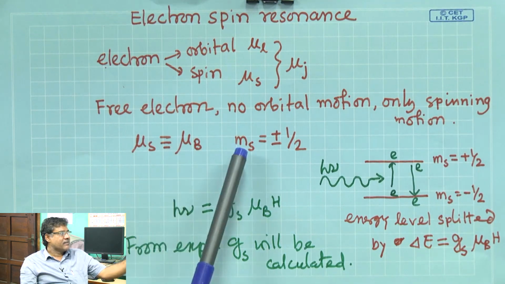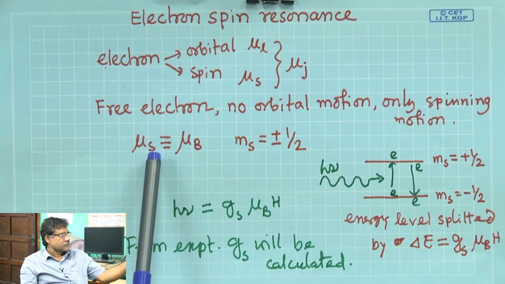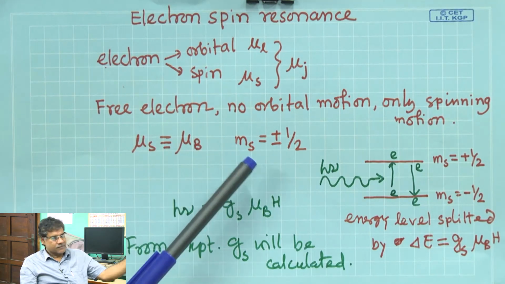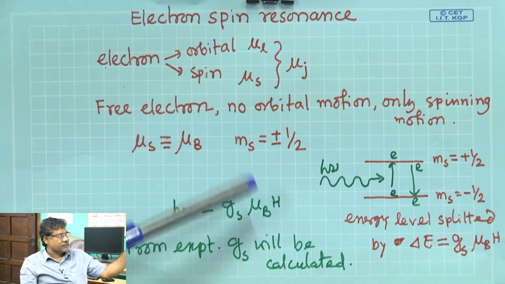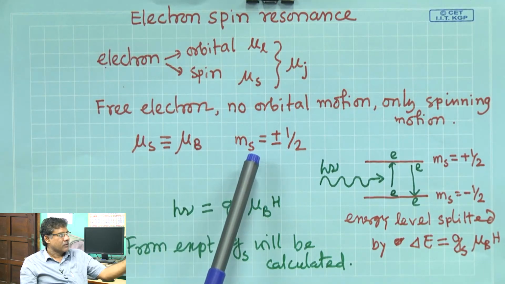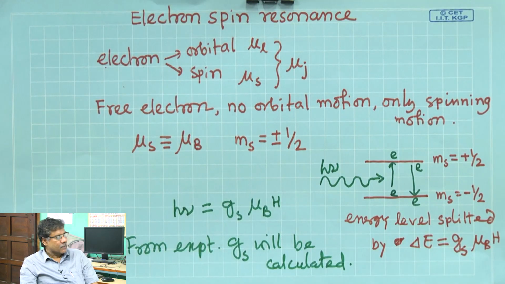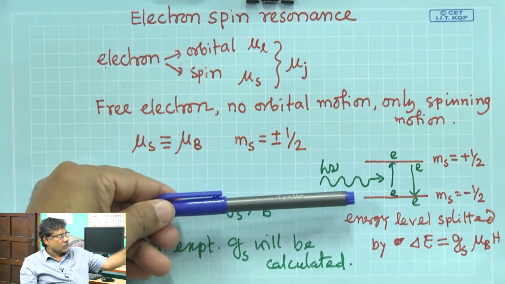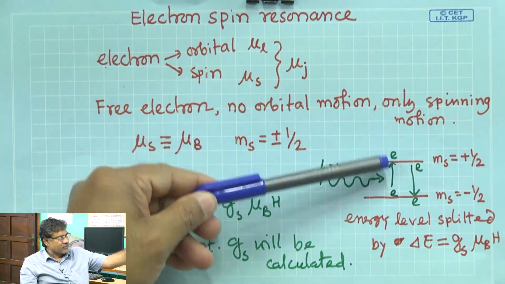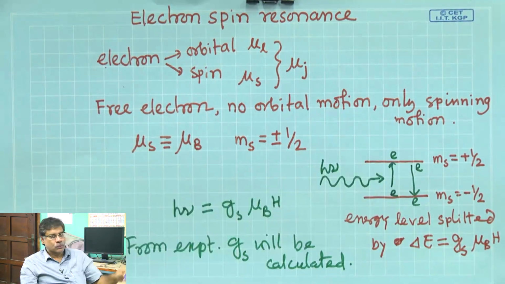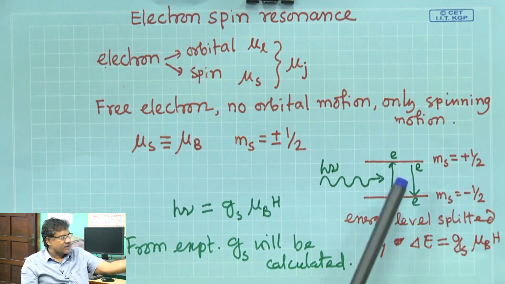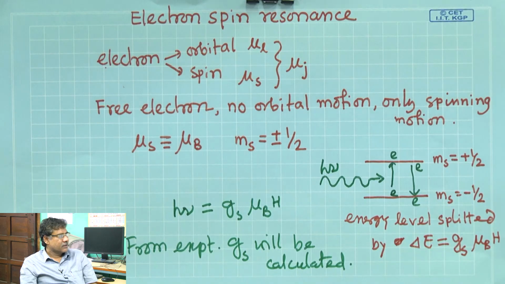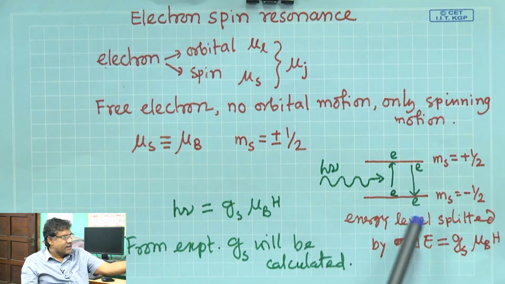In a magnetic field, the energy levels are split because of the m s values, plus half and minus half. So the energy level will be split into two, for m s equal to plus half and m s equal to minus half.